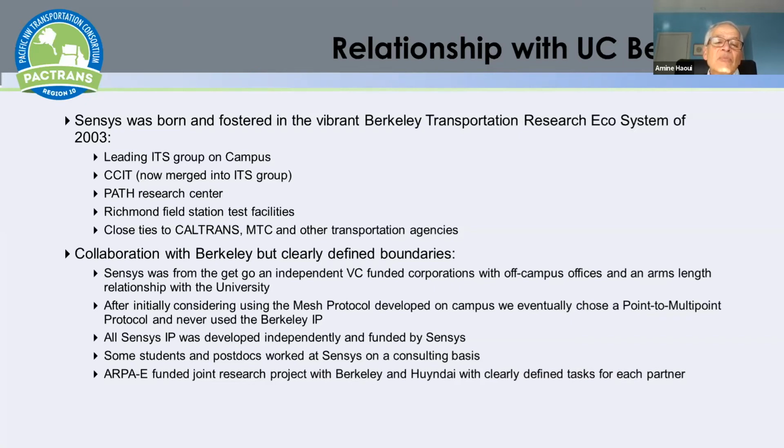We had access to that pavement test machine, so we could apply the truck loads on the sensors to see how long they last in the pavement. We also had access to an intersection that they had, so we could install our equipment. All that is irreplaceable for a small company.